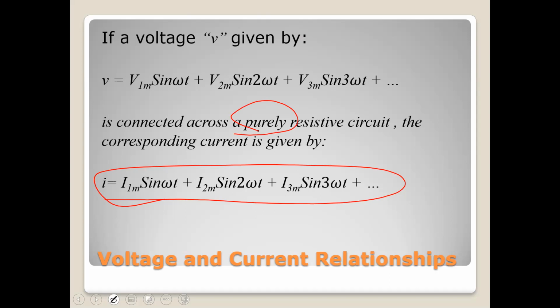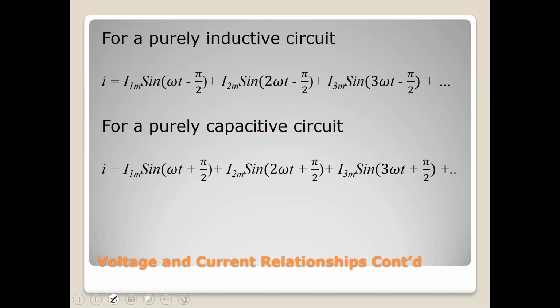If, however, I connect the same supply across an inductive circuit, then we know that the current lags the voltage by 90 degrees. Let me quickly point out that for complex waves, we do not use degrees, we use radians.